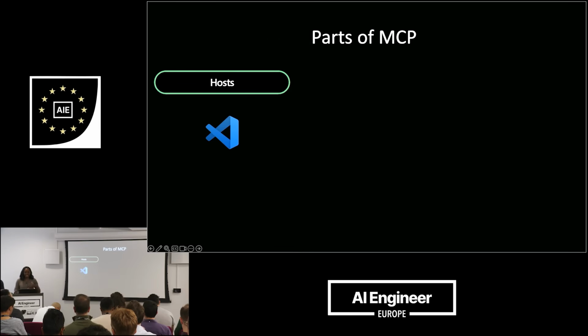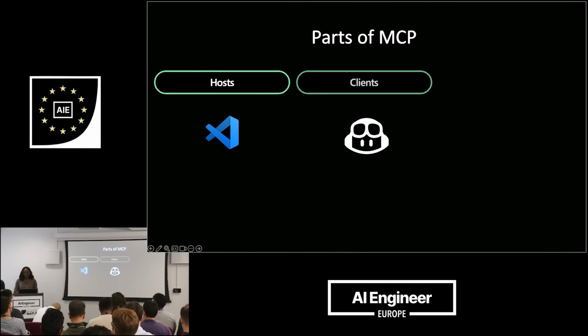So just to get a bit of an overview of which parts of MCP we will be looking at with MCP tools, the first thing is that we have MCP hosts. Hosts are programs like VS Code that want to access data from your MCP servers. You can have different types of hosts, and they will come with different clients as well.